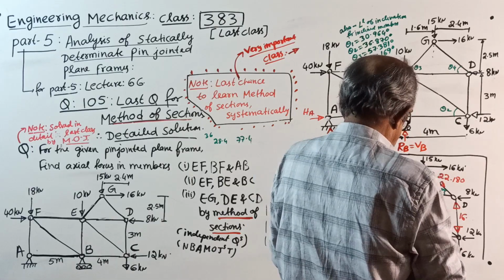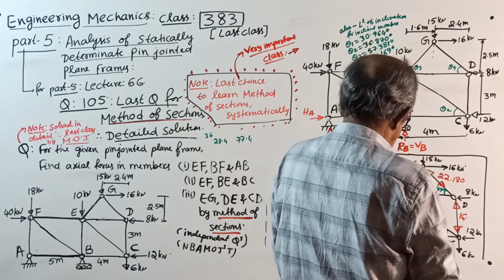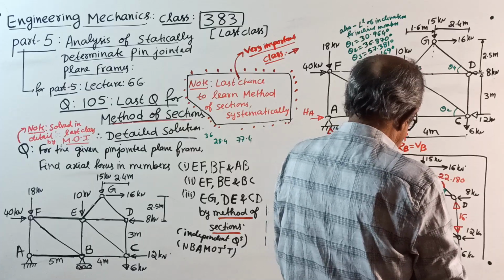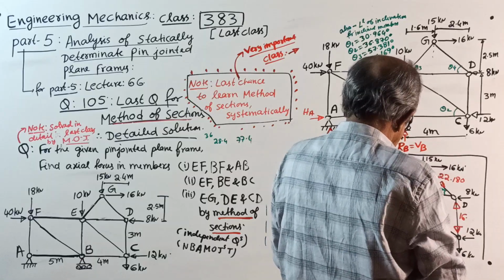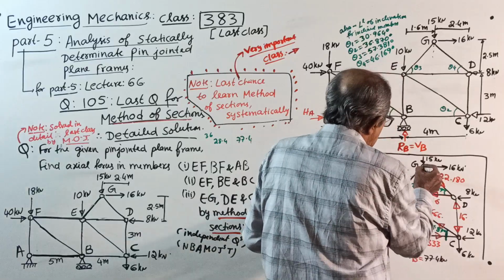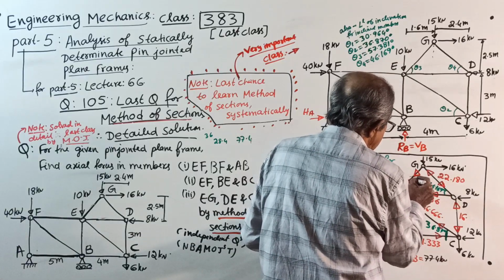22.180 into sine of 46.169, that is the upward component 16. I will subtract 15. As I subtract 15, I will put the arrow mark now only because I know the direction now, this way.